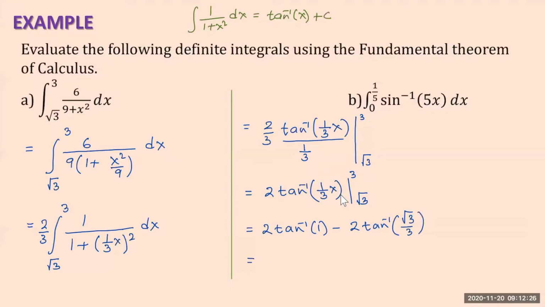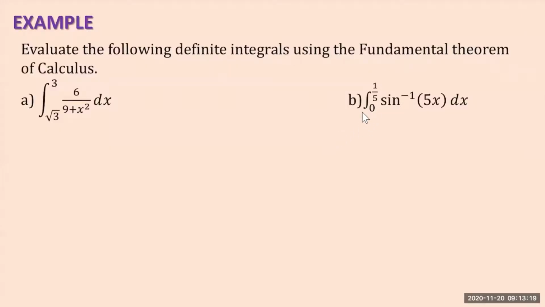That is equal to 2 times tangent inverse 1, whose value is pi over 4, minus 2 times tangent inverse of square root of 3 over 3, whose value is pi over 6. If we simplify this, it is equal to pi over 6. So that is the value of the integral given here in part A.